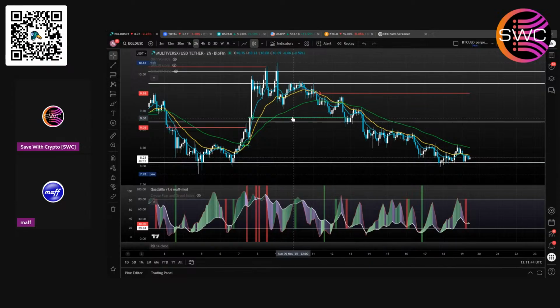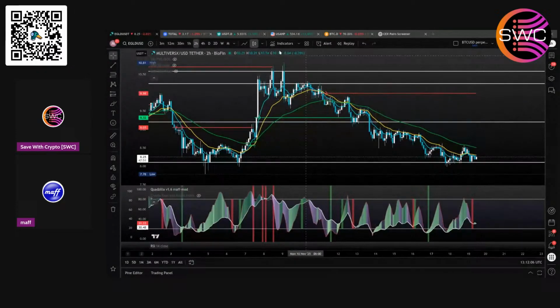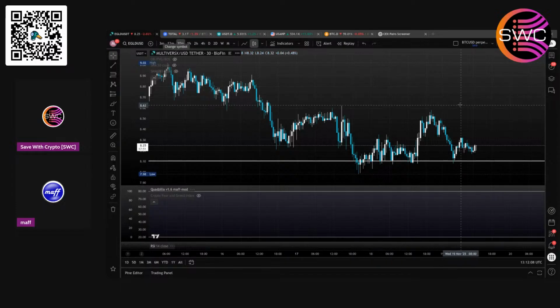If there's such a thing as a psychological level with e-gold, I don't know really, then 10 sounds like it would be such a thing. But again, if it can get above there, you'd expect it to drop significantly below that anyway, even if it may struggle to get above that 10.25. So there's that, and then just very quickly to 30-minute.